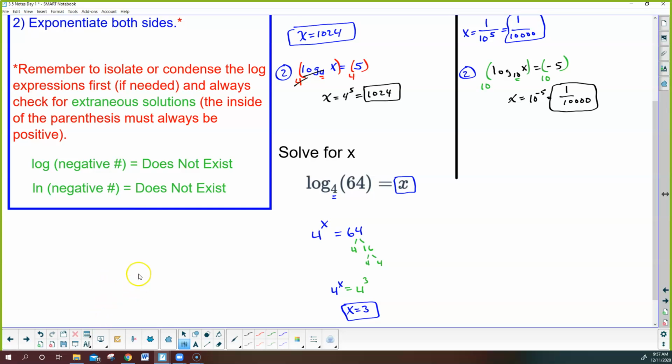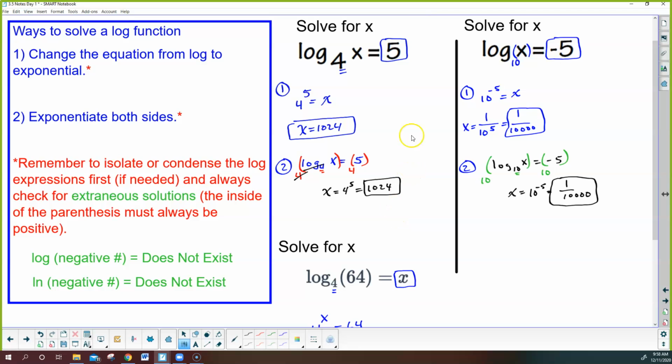All right, so I do want to note one thing. I just solved 3 different problems. In one of them, x was the original answer. In the other ones, x was part of the log. So here, this is just an answer. Once I teach you how to do this on your calculator, which we're not going to do today, you'll be able to confirm this very quickly.